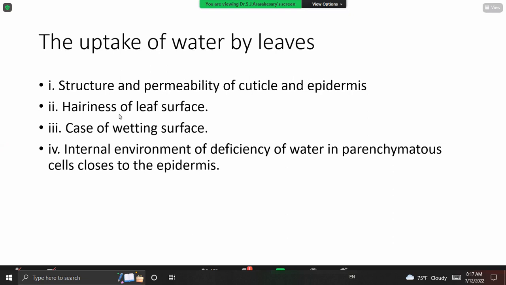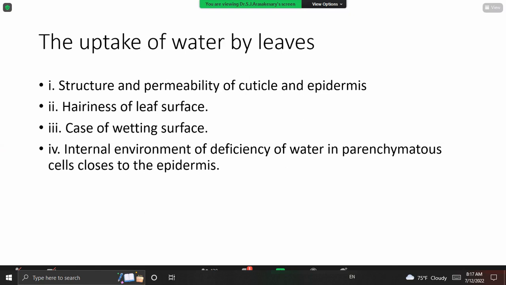For that, some leaves have hairs, spurs, because they catch the water from the atmosphere and allow the plants to take it from the leaf. Okay, some leaves have a wetting surface.